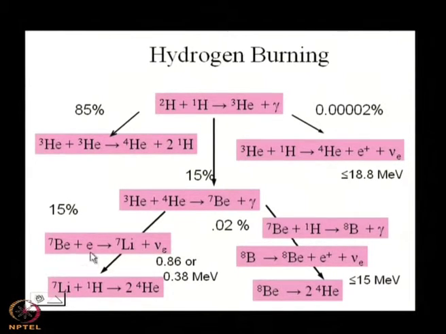And then this lithium 7 could again collide with a proton to form two helium 4 nuclei. Okay, and in this path the bulk of the helium is produced this way.